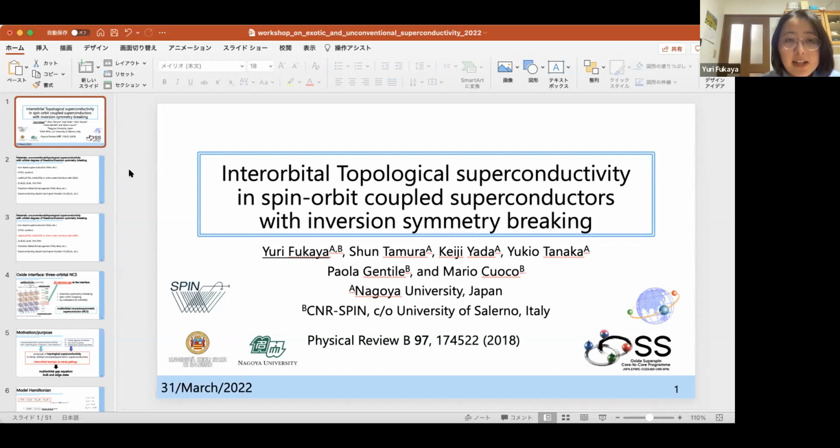Because s-wave pairing is the simplest case, but I think that by parity dependence we can apply this to d-wave and g-wave, other given-parity pairing.